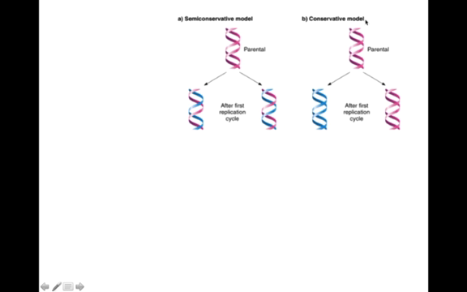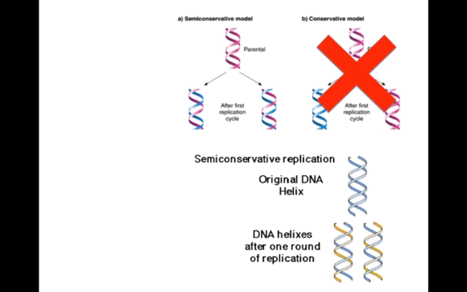Versus the conservative model, where we end up with one molecule that is completely the same as the parent, and then one totally new molecule. So it turns out that the conservative model was wrong, and that DNA actually does replicate using the semi-conservative model.